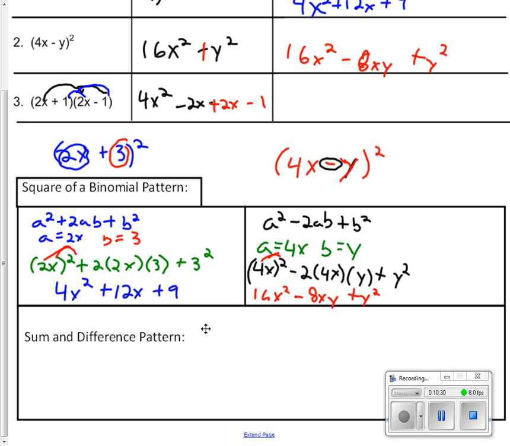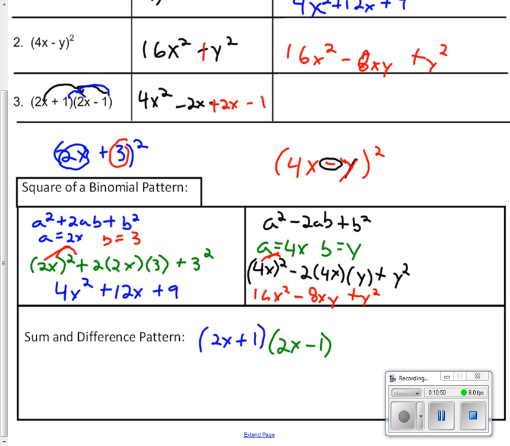So we've got 2x plus 1, and then we have the second part that actually has the minus between the two terms in the polynomial, 2x minus 1.